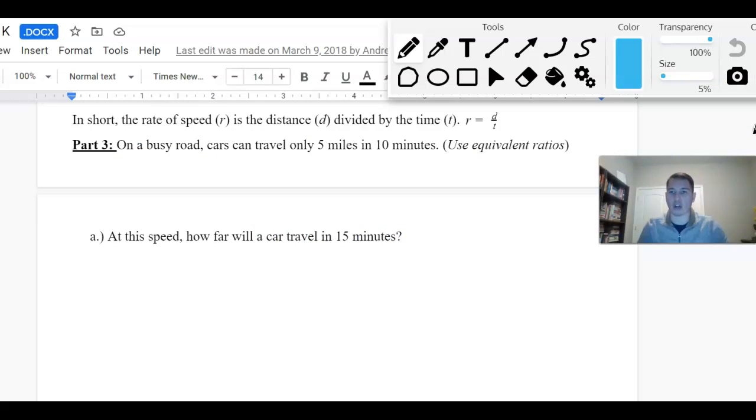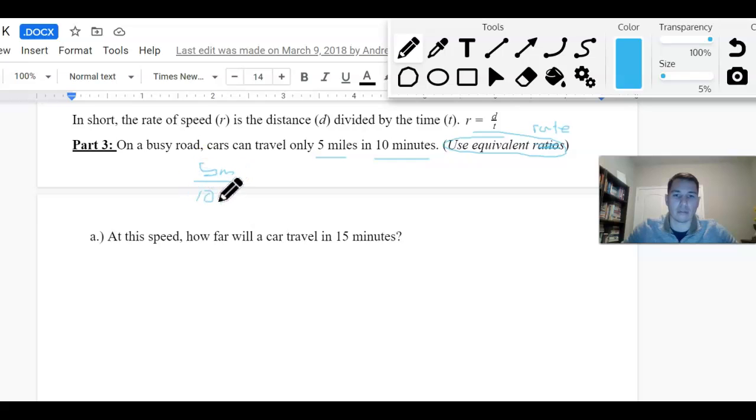Let's go ahead and look at part 3 now. Part 3 says, on a busy road, cars can travel only 5 miles in 10 minutes. Okay, use equivalent ratios. This shouldn't say ratios, this should say rates. Okay, because we're comparing two different units. Okay, so 5 miles in 10 minutes.